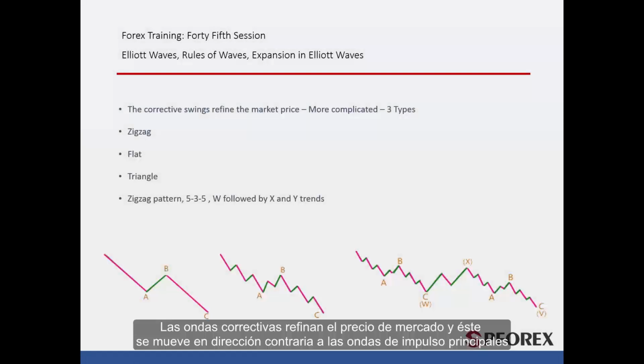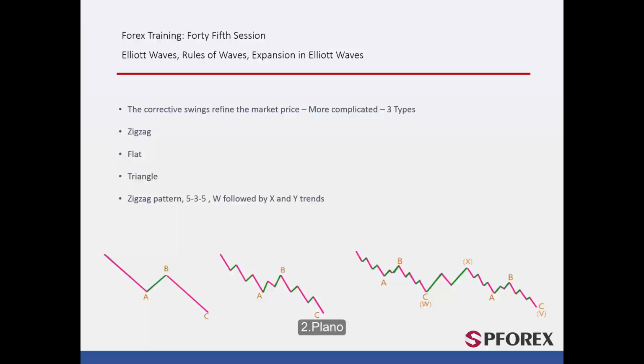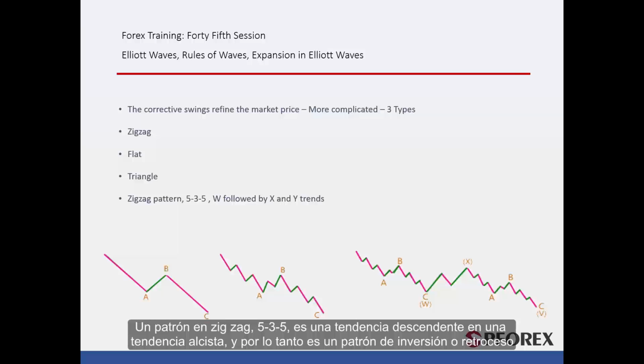The corrective swings refine the market price and move against major swings. Corrective swings require more consideration due to their complexity. There are three types of corrective swings: zigzag, flat, and triangle. A zigzag pattern, 5-3-5, is a downward trend on an uptrend.